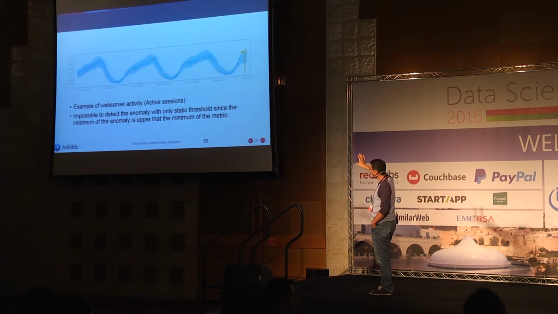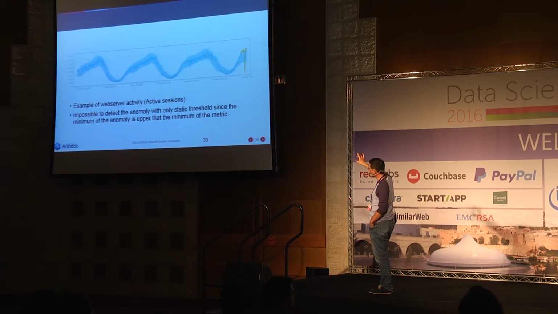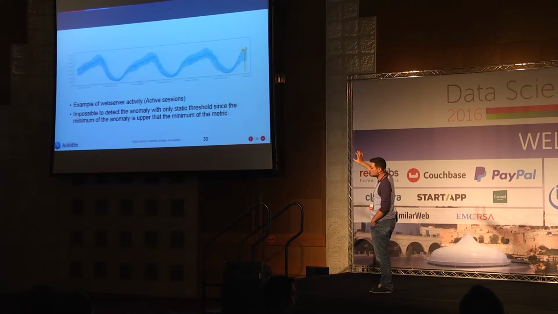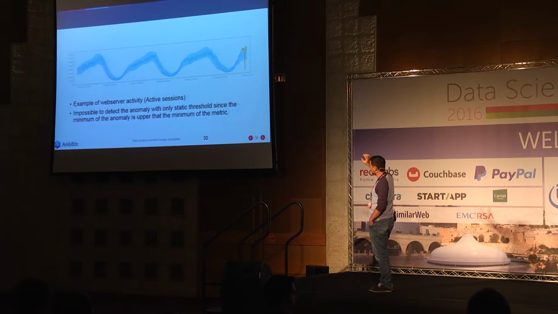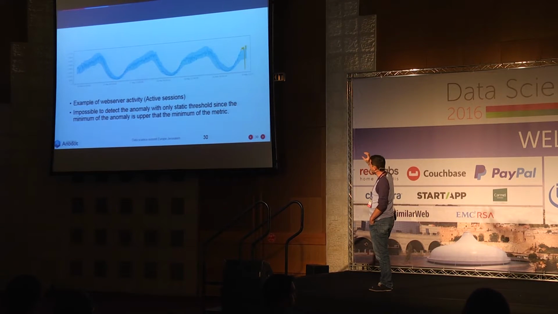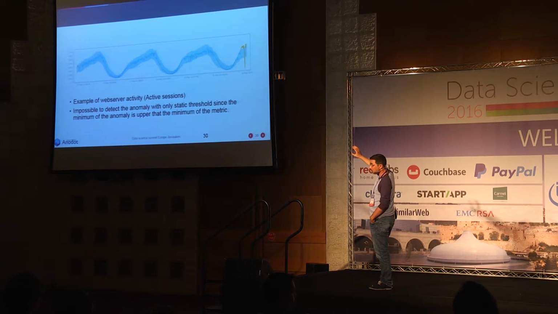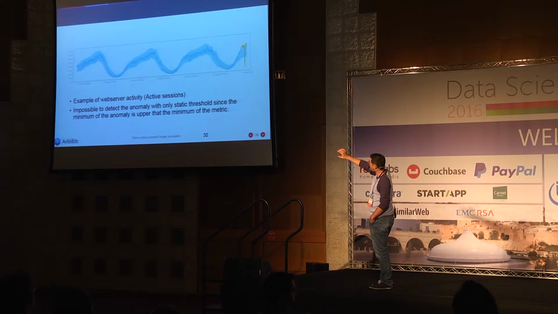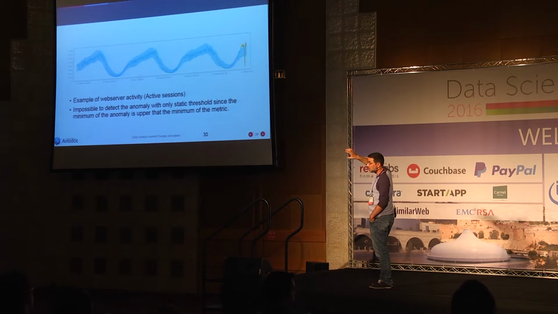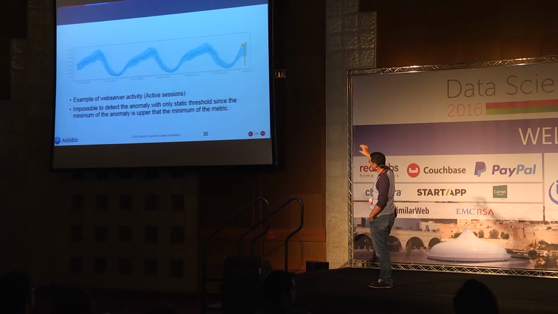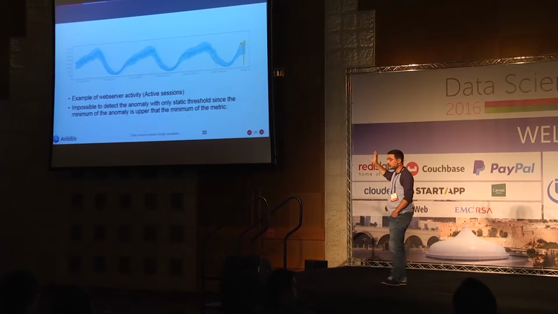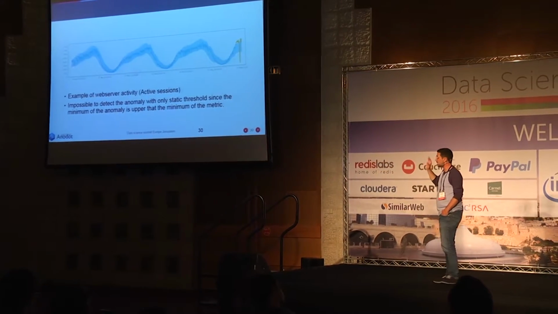I added this example because clearly, without the modelization of the period, we cannot catch this anomaly. Why? Because without the periodic model, the bounds will be the maximum and the minimum of the data. So without a periodic model, we cannot catch this anomaly.